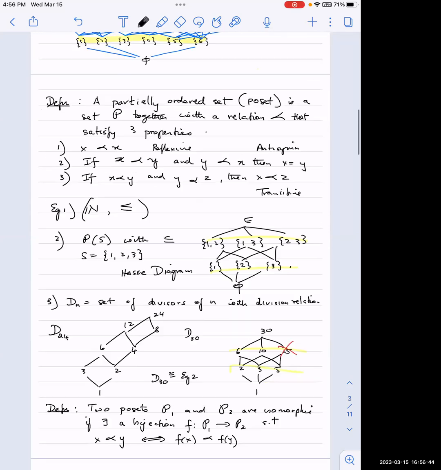Think of this one here. In this lattice, the set of primes, no one prime will be a divisor of the other. And as Euclid proved, there are an infinite number of primes. So that's what an infinite anti-chain is.